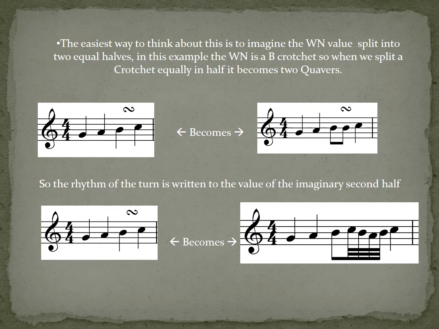So therefore, on the bottom you can see the first example on the left with the turn sign in between the crotchet B and the crotchet C, and therefore imagining it over the second half, we get the B quaver and then the turn over the note B but to the value of a quaver, i.e. four demi-semiquavers. And then to finish the bar, the crotchet C.